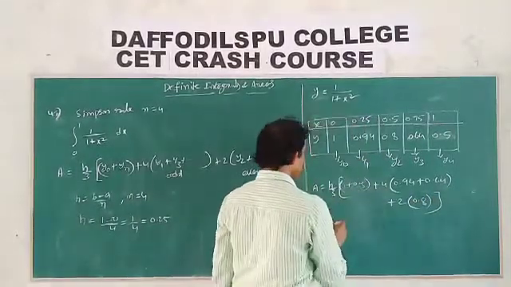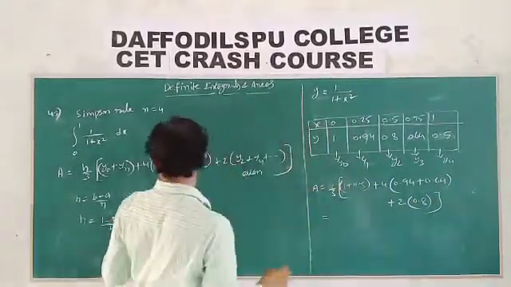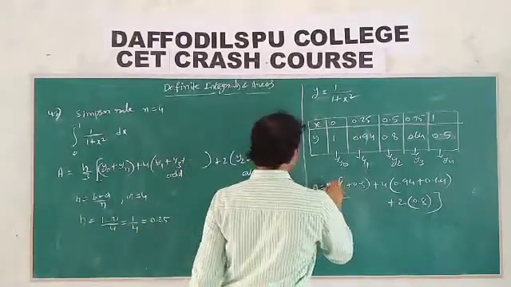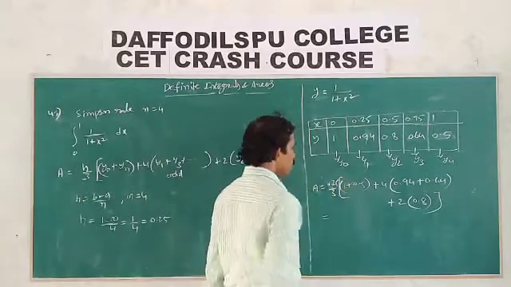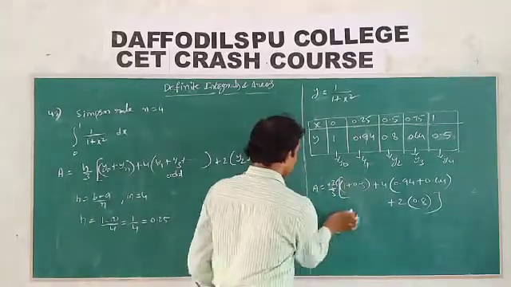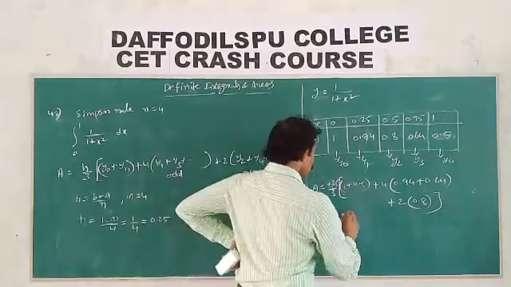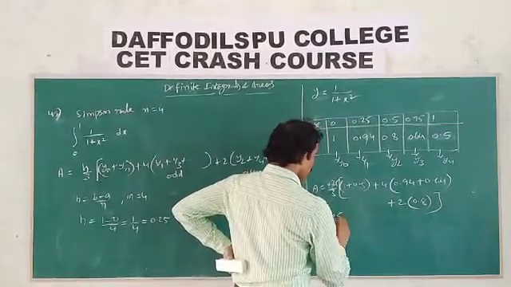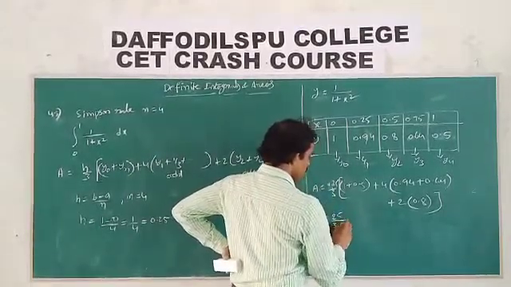Clear? That implies h value is equal to how much? H value is equal to 0.25. So that implies 25 by 300.